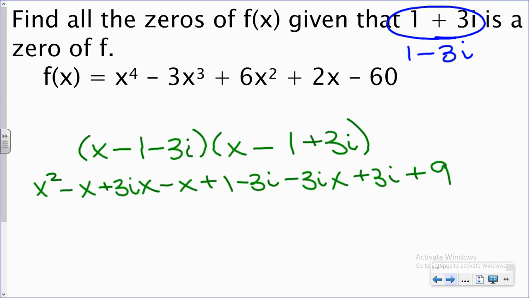Now, the nice thing about multiplying when we have conjugates is we have terms that will cancel out. So we have x squared minus 2x plus 10.